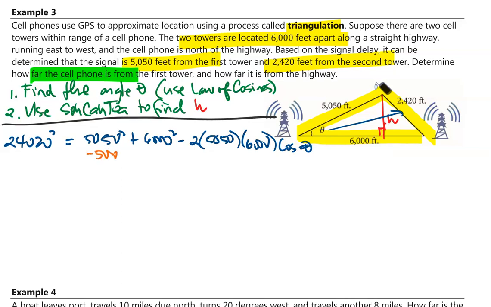First we subtract 5,050 squared and 6,000 squared from both sides. These are big numbers.